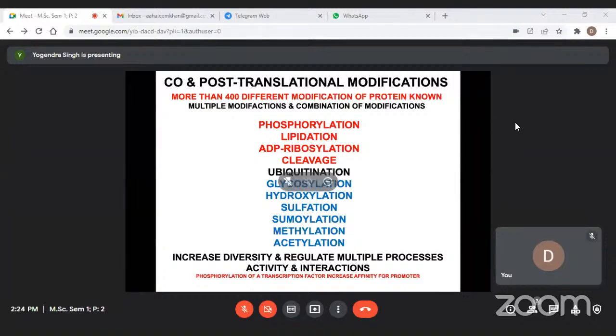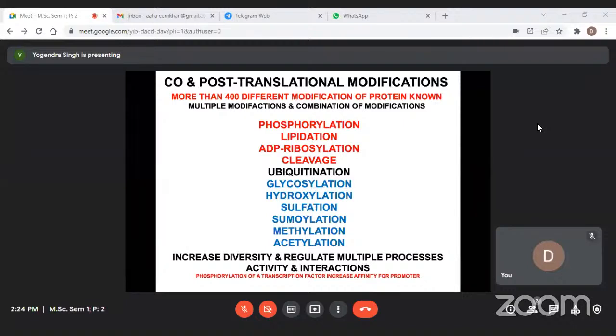Hydroxylation: many of our proteins in the bones are hydroxylated. Sulfation, sumoylation. I'm sure you know about gene expression. There are proteins, actually histone proteins, which are acetylated and methylated, and they regulate gene expression.